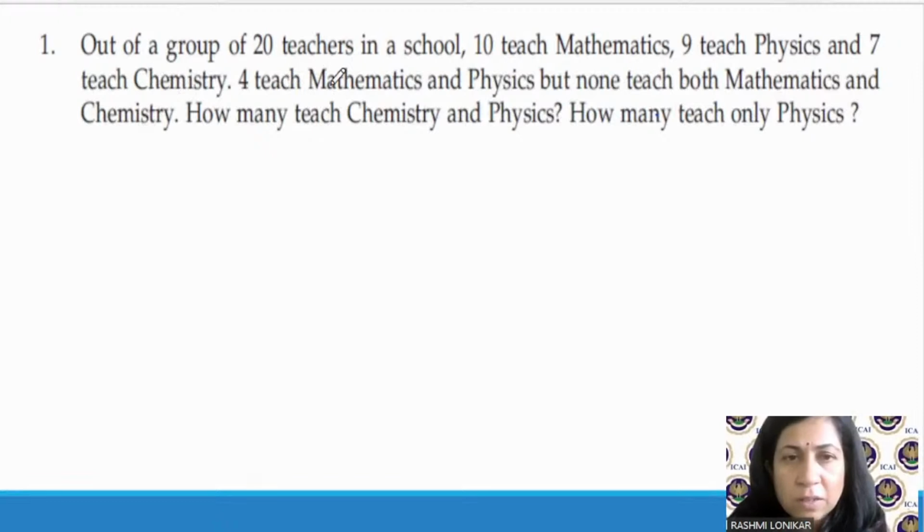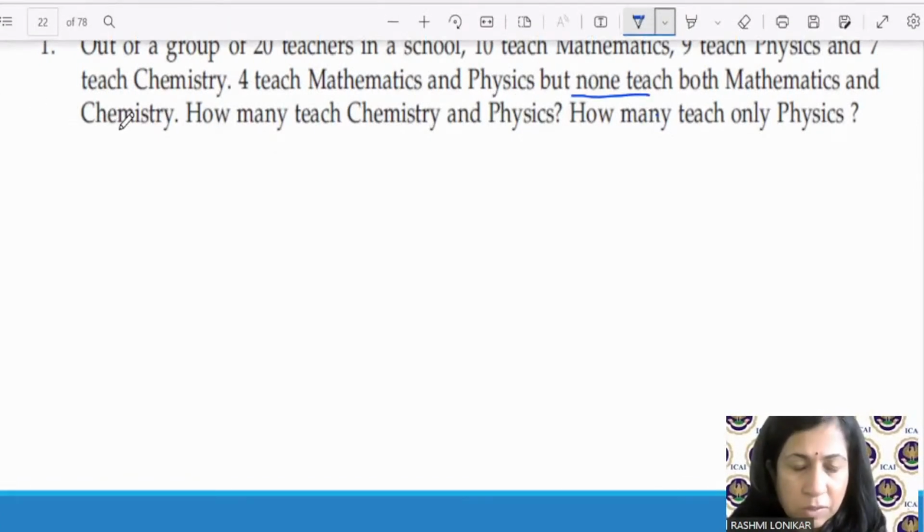Okay, 4 teach maths and physics, but none teach both maths and chemistry. Okay, this is important. None teach both maths and chemistry. How many teach chemistry and physics? How many teach only physics?